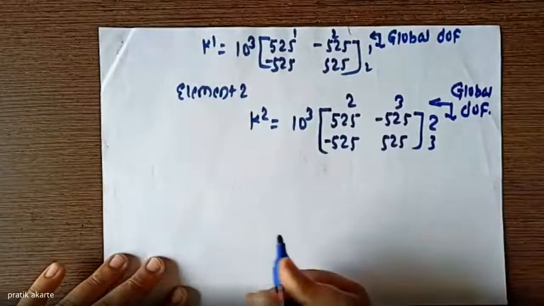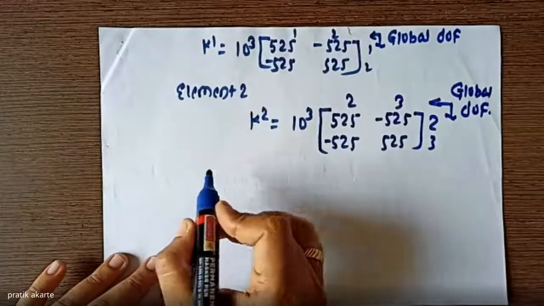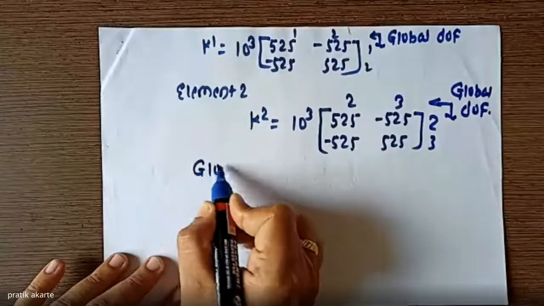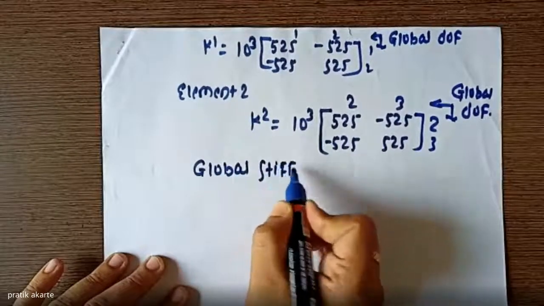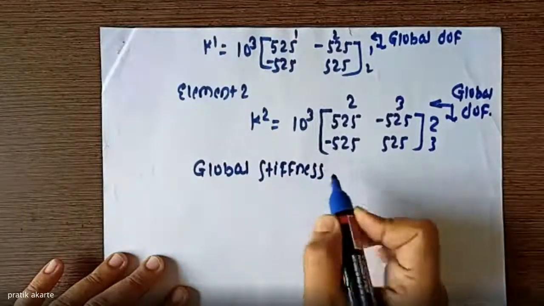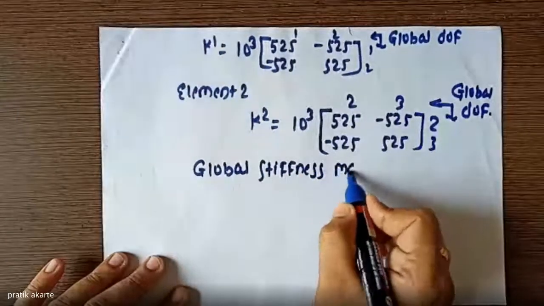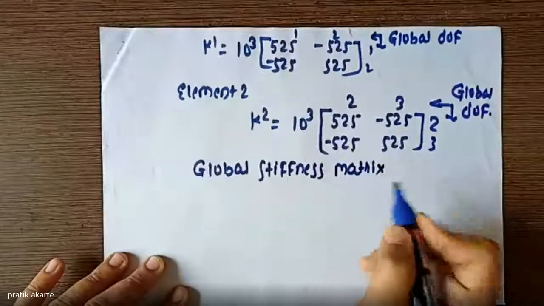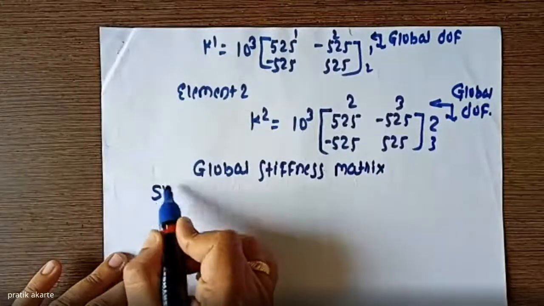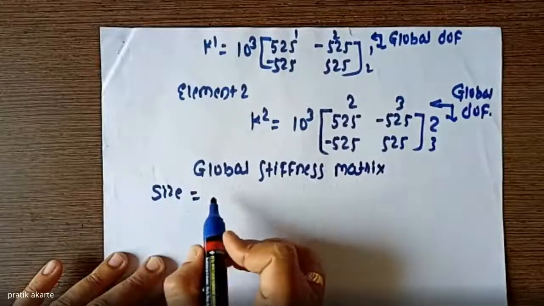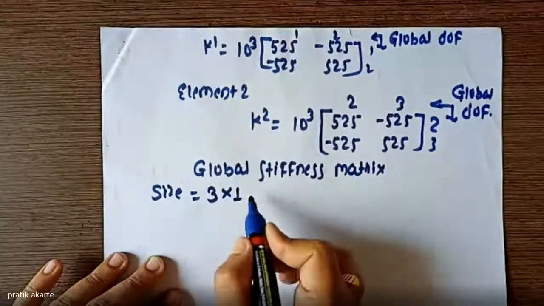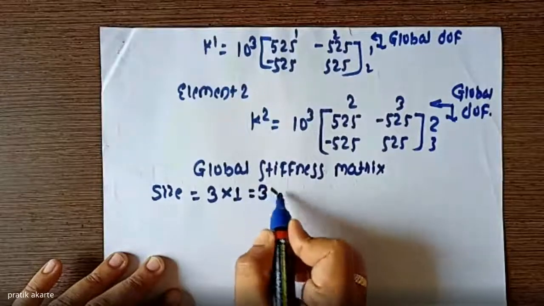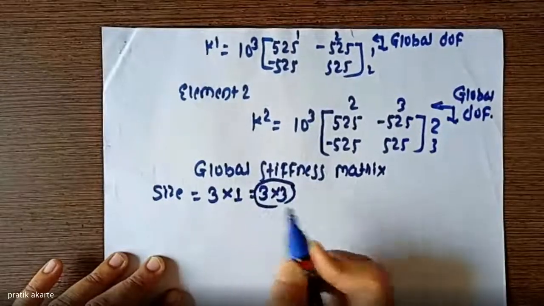Okay. Now, the next step is the global stiffness matrix, which is one of the answers for this problem. Global stiffness matrix. The size will be the total number of nodes 3 into degree of freedom per node 1. So the size will be 3 by 3.